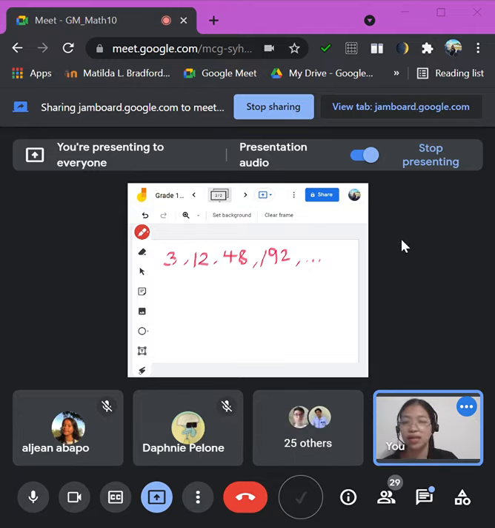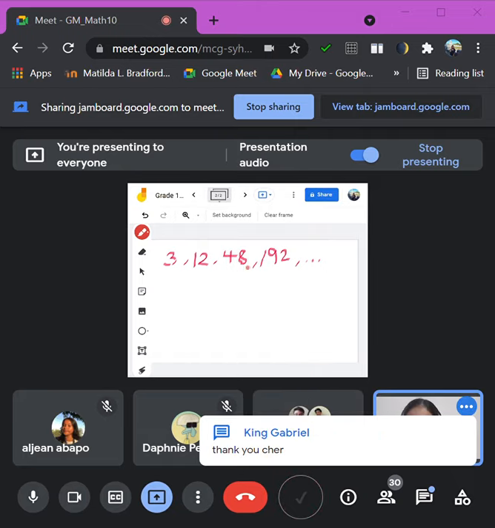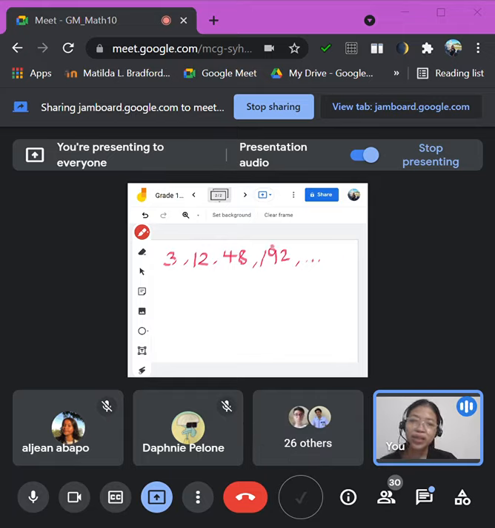Formula ra na siya. Given na siya sa formula daan. Kanang na ay minus nga 1. Okay, so we have there ang atuang 3, 12, 48, and 192. I want you to find the 10th term.